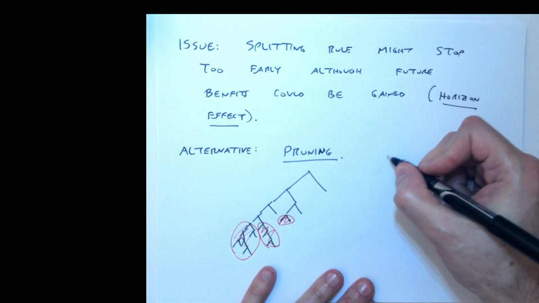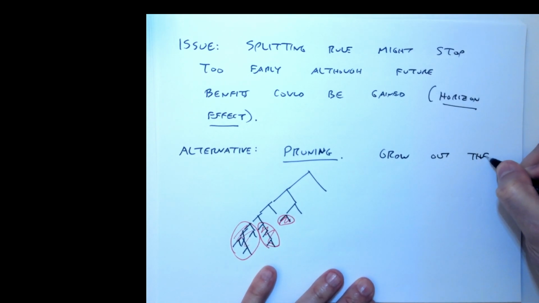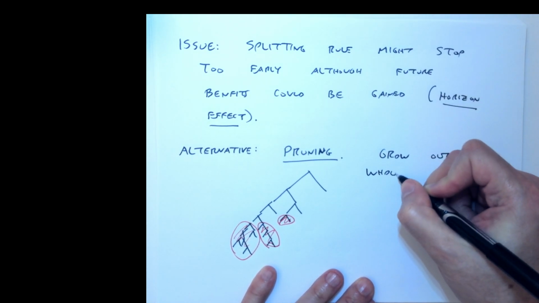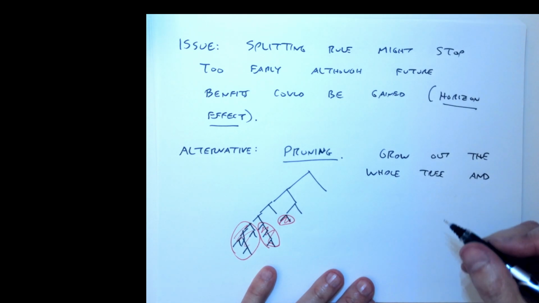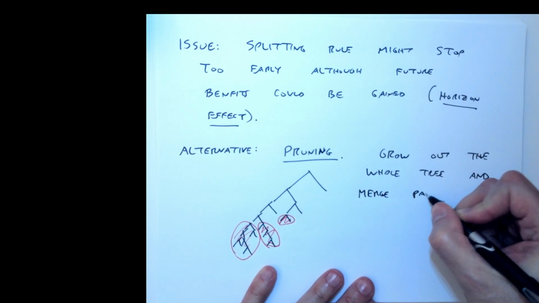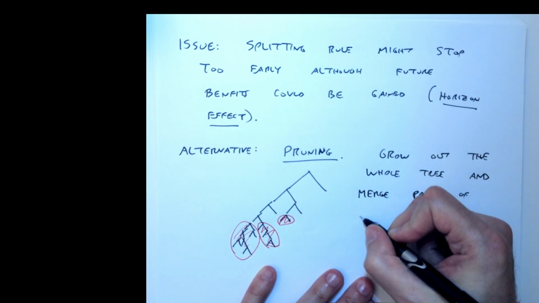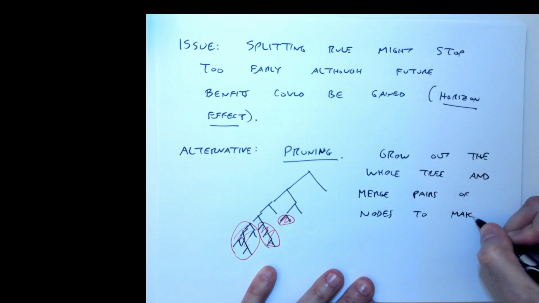So pruning is basically saying I grow out the whole tree, and then I merge pairs of nodes to make a smaller tree.